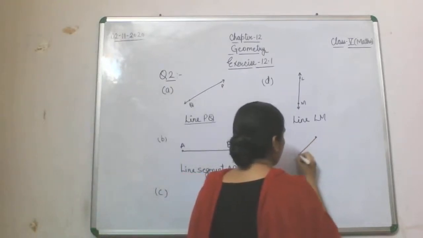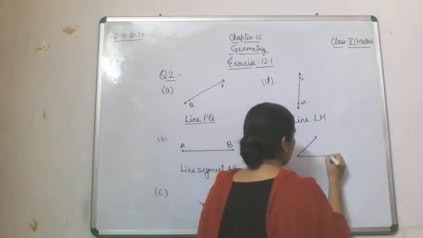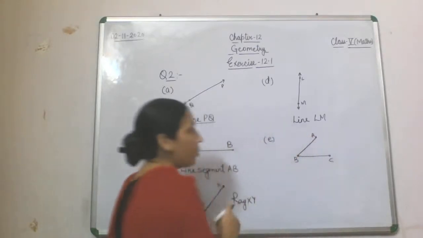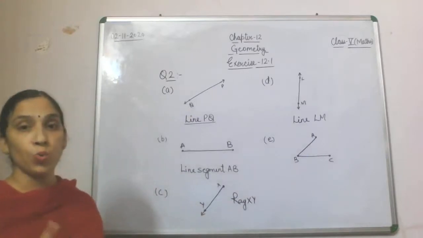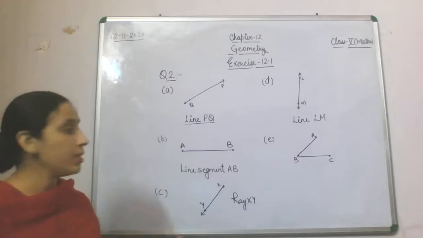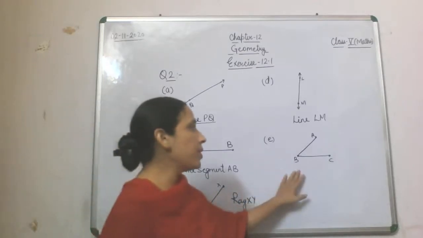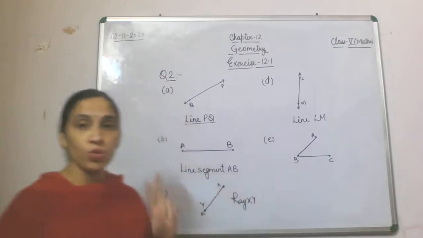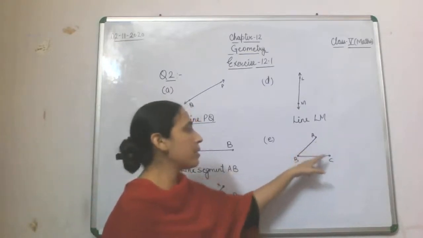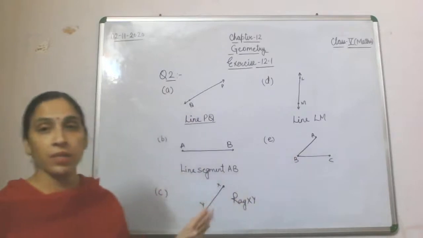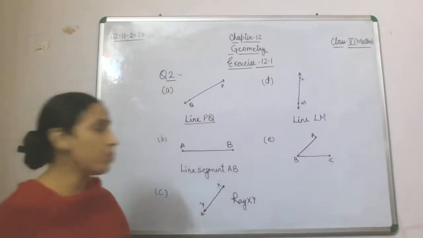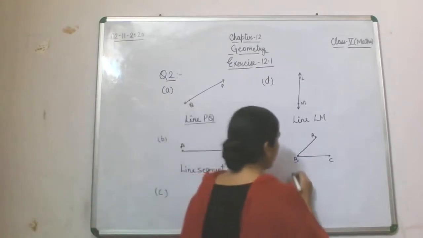Now let's come to next. Now this is your figure A, B, C. Now it is formed by two what? Line segments or rays? This figure is formed by two line segments because both have endpoints. AB has two endpoints, BC also has two endpoints. So it is formed by two line segments.